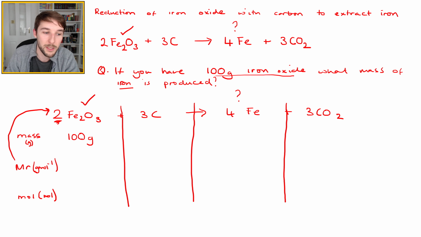Some teachers teach it that way at GCSE as a trick to make calculating reacting masses more accessible to a vast majority of students. However, if you've been taught that way at GCSE, it will really disadvantage you at A level if you then try and apply it there. So very, very important that this MR is solely for the formula that is there and is never for the coefficient. You need to ignore the coefficient when writing MRs down.